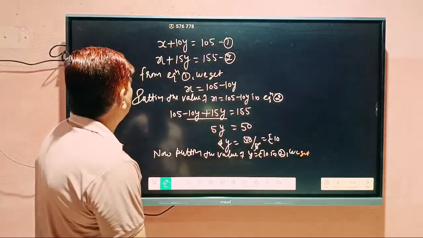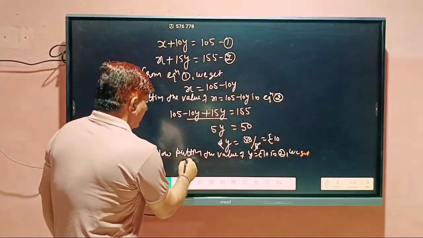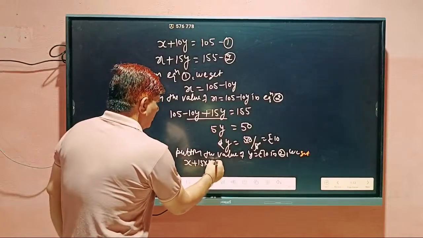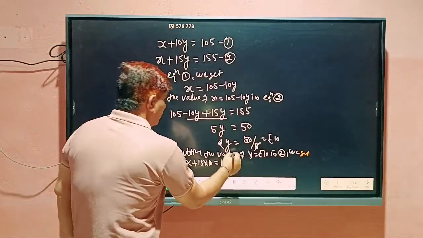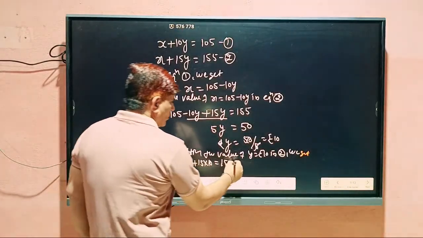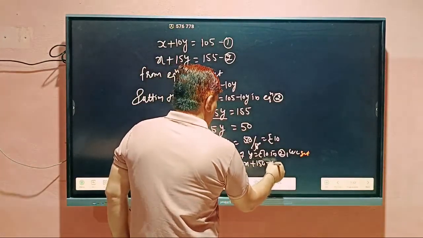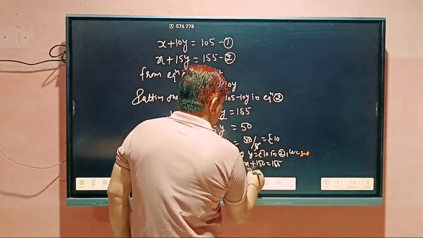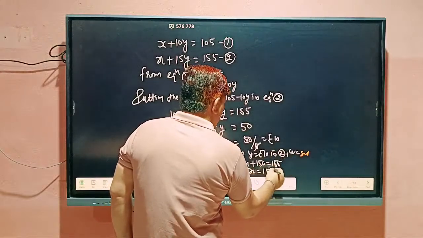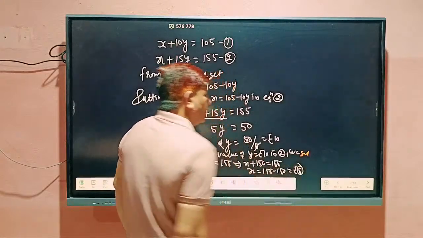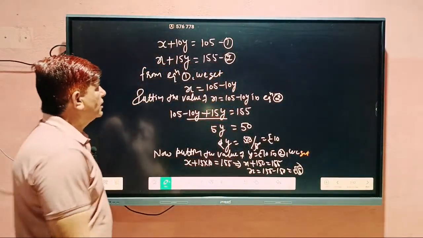X plus 15 into 10 is equal to 155. So it becomes X plus 150 is equal to 155. So X is equal to 155 minus 150, rupees 5. So what are your fixed charges?